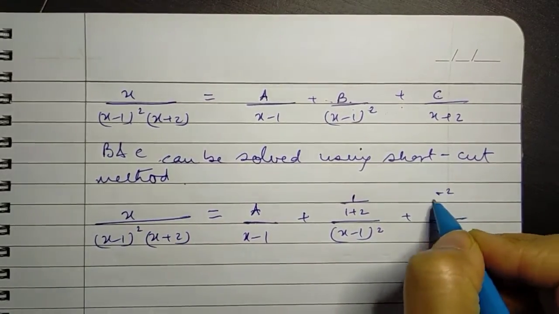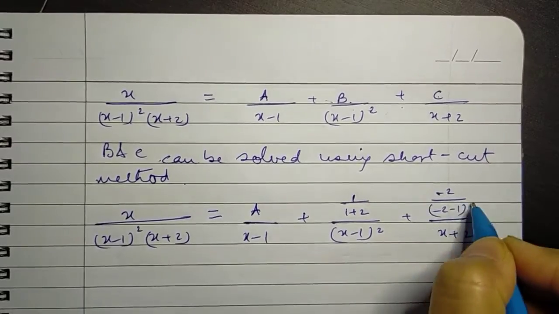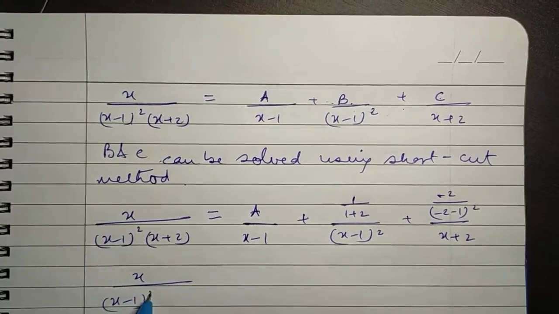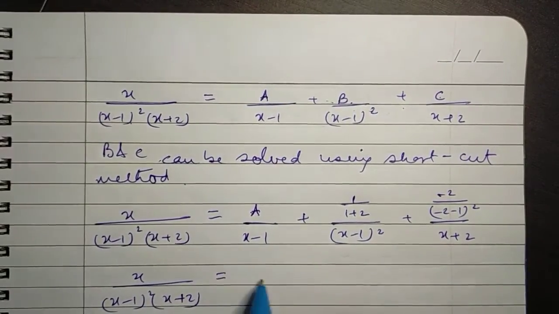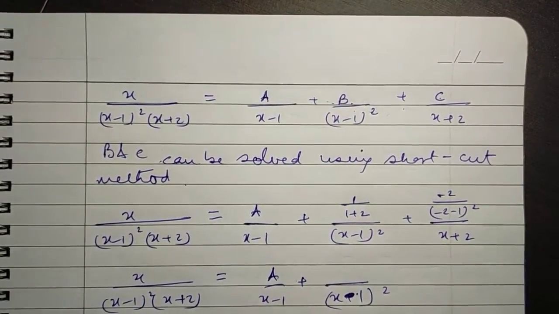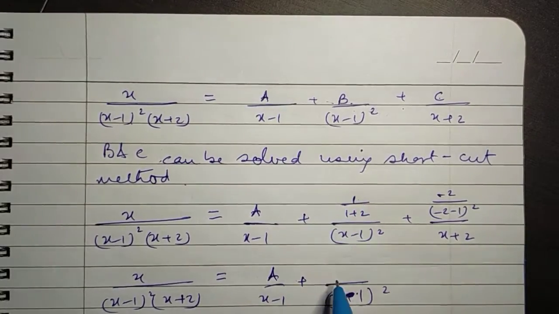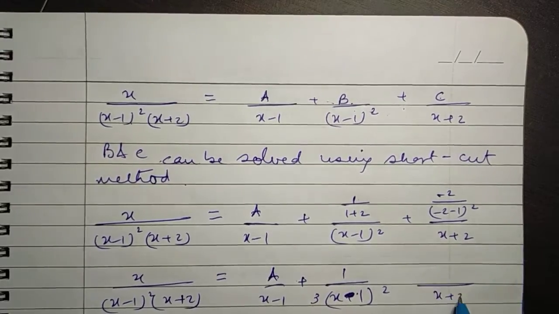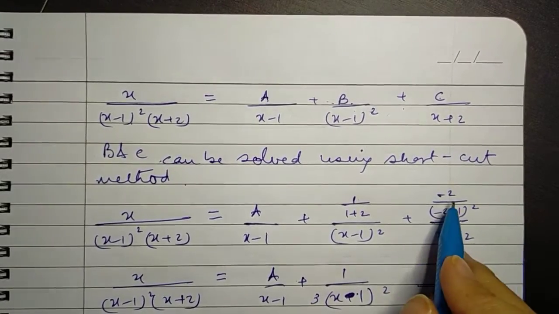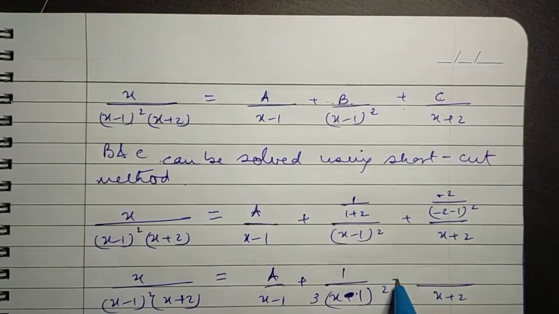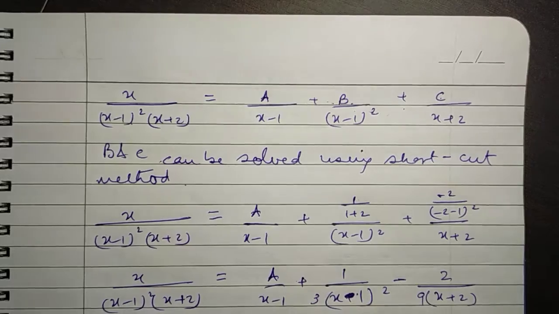So we get minus 2 upon minus 2 minus 1 whole square. And so we get the values of b and c as: for x minus 1 whole squared, it gets solved to 1 upon 3, and for x plus 2, it gets solved to minus 2 upon 3 square, which is 9. So you get minus 2 upon 9.